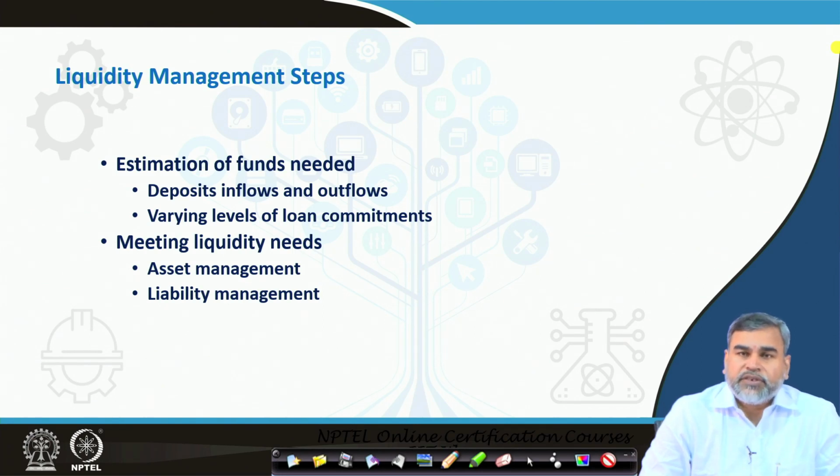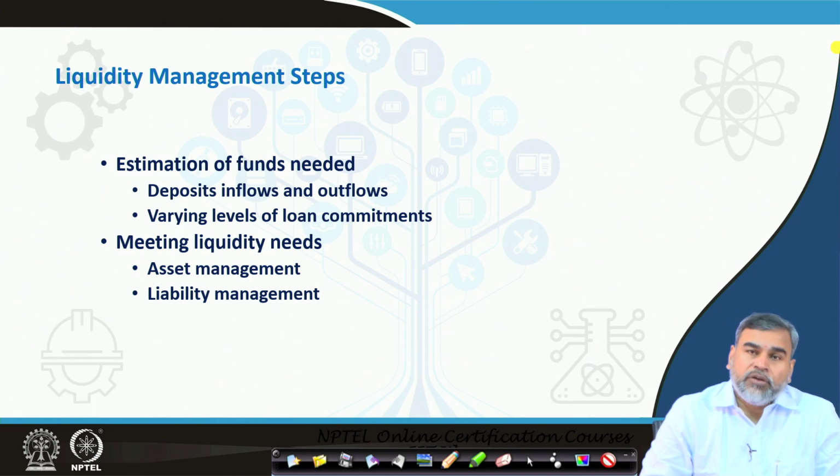All these aspects will be taken into consideration whenever we are estimating the funds needed, and how the deposits are coming and how the deposits are withdrawn. This is also another factor we have to consider. So, this is the basic step for the liquid funds requirement to manage the liquidity of this commercial bank. This is number 1.